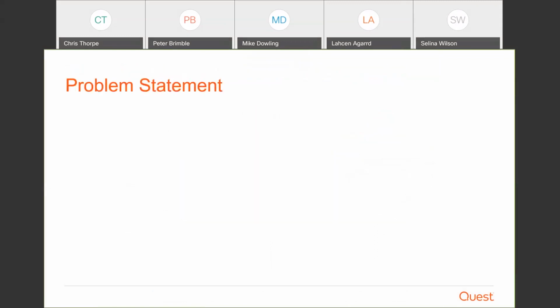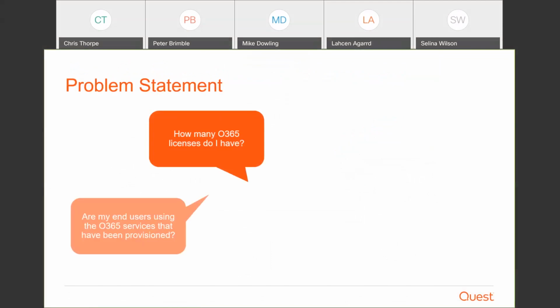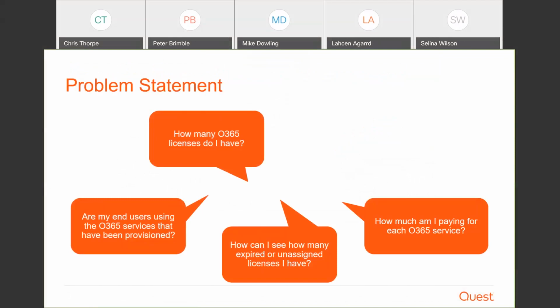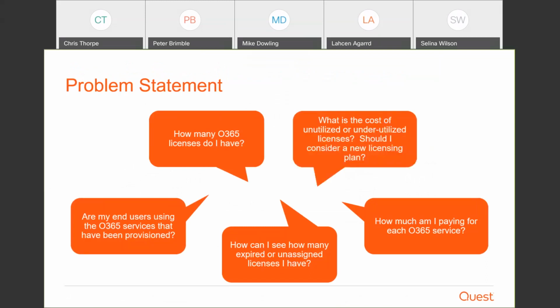We had a number of statements from our customers, typically asking: how many Office 365 licenses do I have? Are my users using those services that I've paid for? If I've got expired licenses, who have they been assigned to? How much am I paying for each of these services? And are there any aspects of that license that I'm not using? Should I consider a new plan?